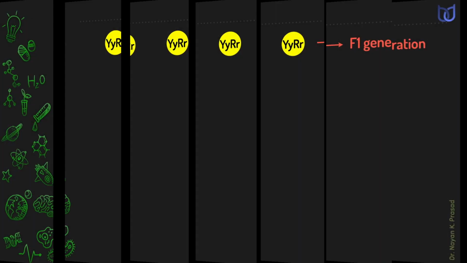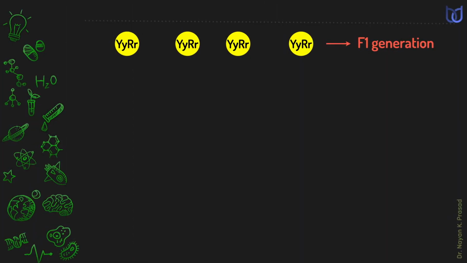Now let us see what happens next. The members of F1 generation are left for self-pollination. During gamete formation, this time 4 different types of gametes are formed. Capital Y may go with capital R. Other combinations can include small y, capital R; capital Y, small r; and small y, small r.